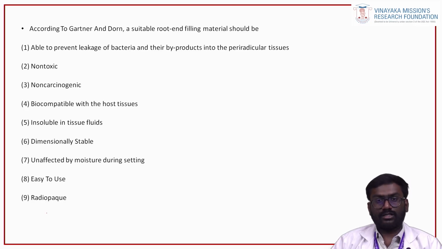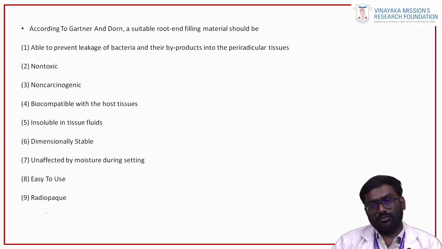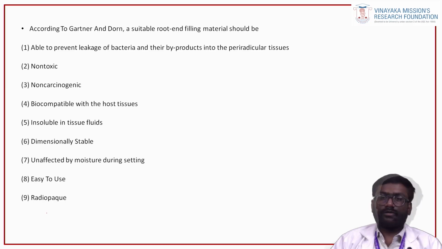It should be non-toxic, non-carcinogenic, and biocompatible with the native tissue. It should be insoluble in saliva or oral fluids. It should be dimensionally stable, unaffected by moisture until setting happens. It should be easy to handle, and it should be radiopaque to be detected in the post-operative radiographs to see any sort of healing.